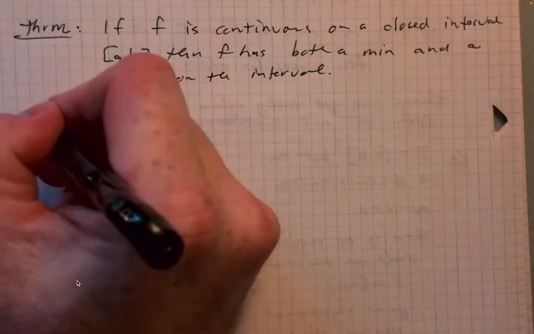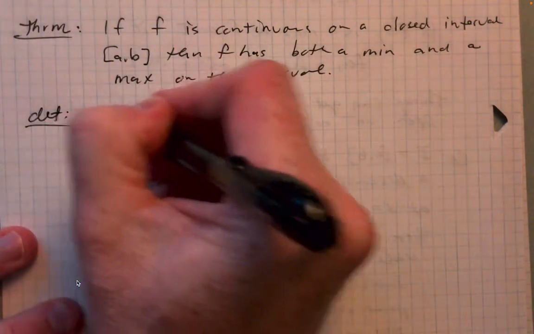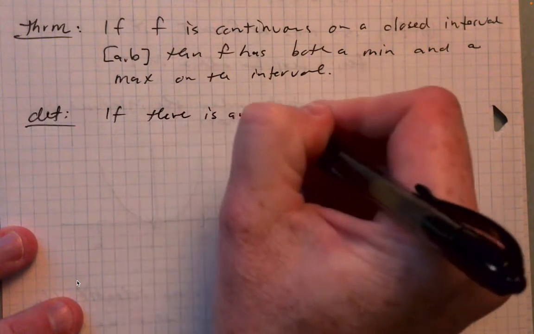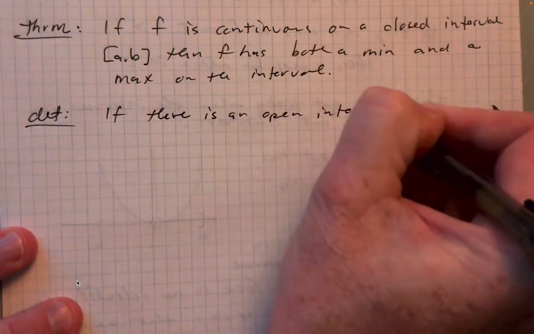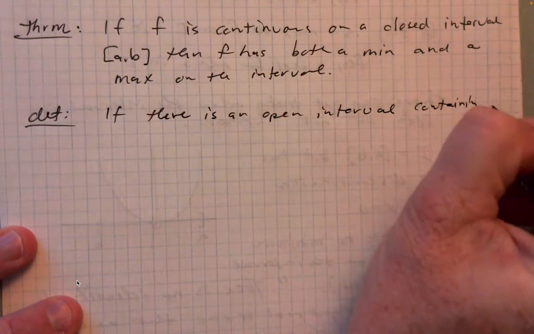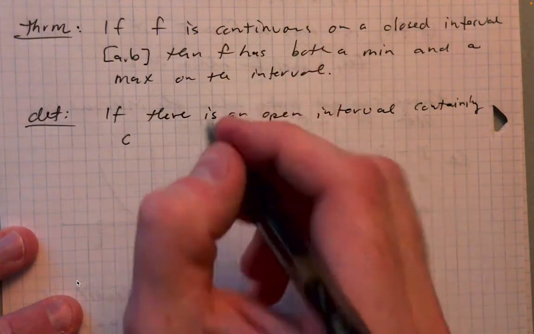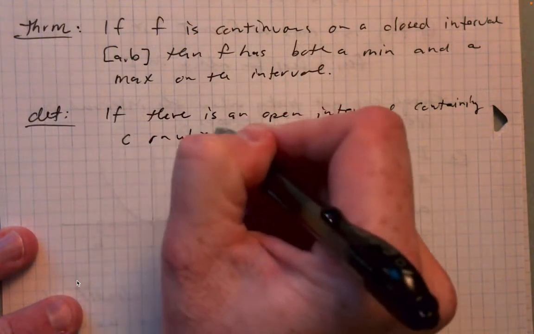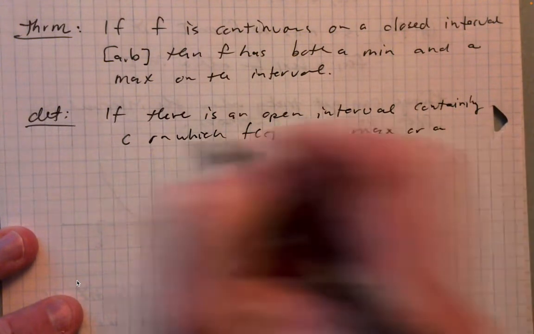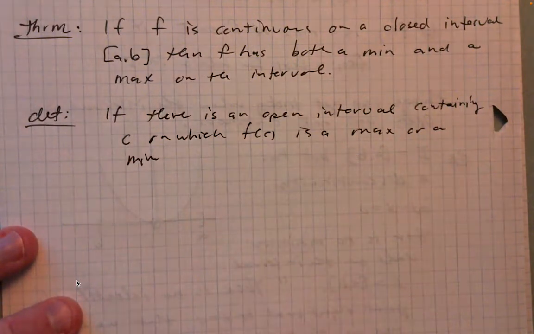But let's define what we mean by a relative max or relative min. If there is an open interval containing c on which f of c is a max or a min, then f of c is called a relative max or min.